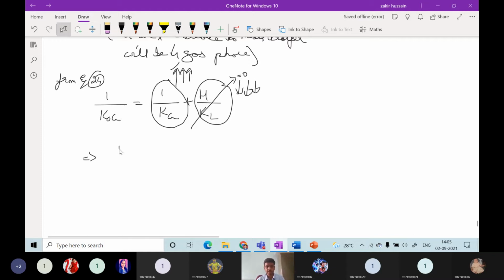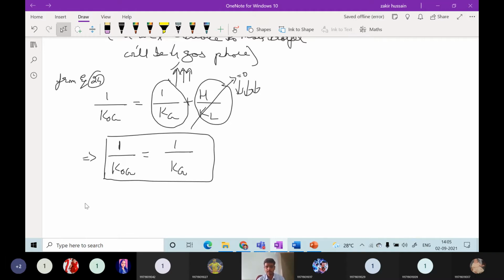Therefore, we can say 1 by KOG, which is the overall resistance to mass transfer in the gas phase, is equal to 1 by kg, which is the individual mass transfer resistance. Under such conditions, we can also reciprocate this one. Therefore, we can say the overall gas phase mass transfer coefficient is equal to the individual mass transfer coefficient. So either of the cases is valid when the gas is highly soluble.